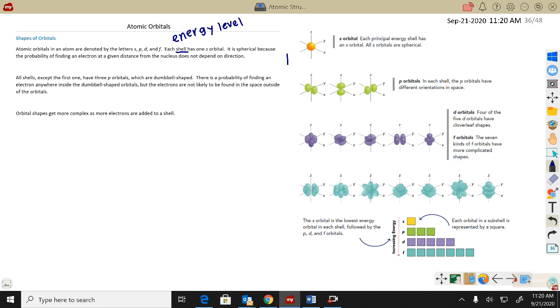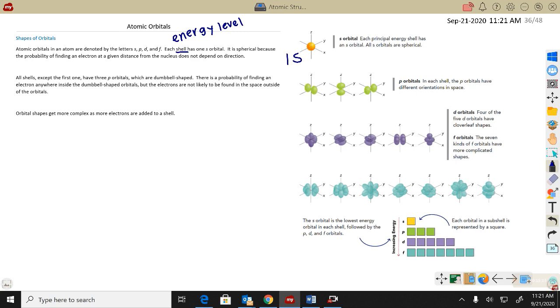So we start to put these symbols together to describe the location of an electron. It's in the first energy level, and then I might say it's an s orbital. I would be describing a region like this little orange space, this small spherical region, three-dimensional, around the nucleus where I have a high probability of finding an electron.